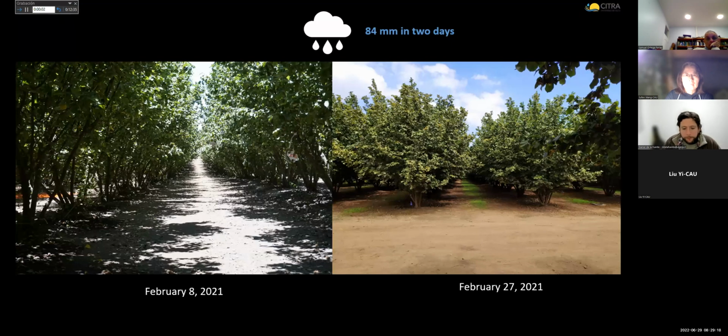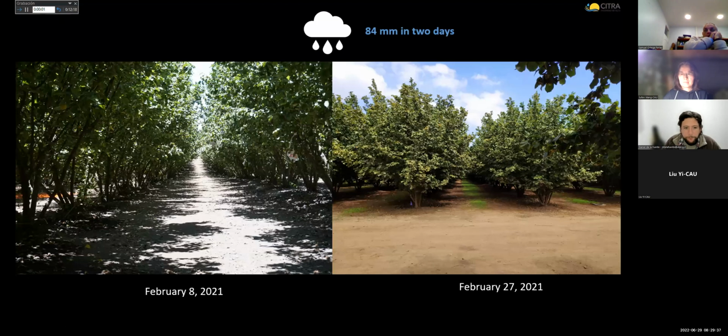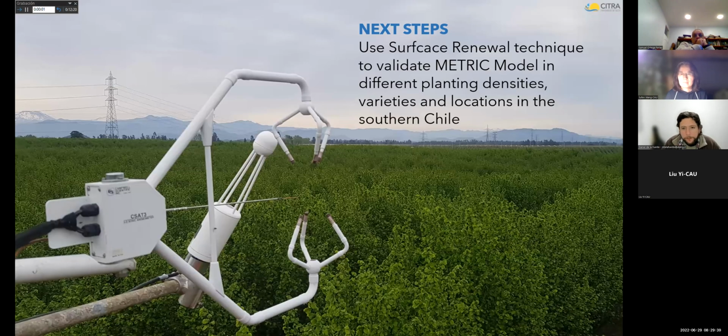Consider these cases: for example, when we have precipitation in February, the soil doesn't have weeds, and two weeks later it has weeds. Weeds are reflected in the satellite images and also in the Kc values of the eddy covariance.